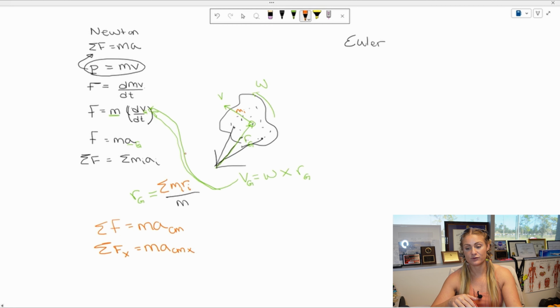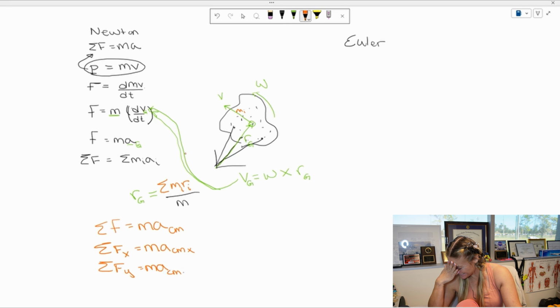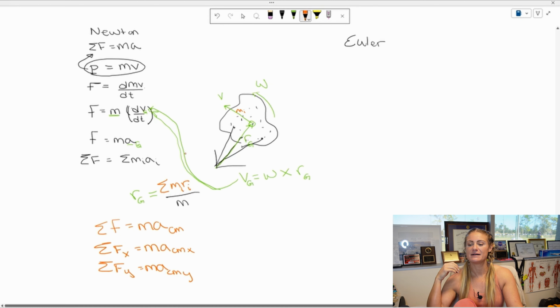And the same for the sum of the forces in the y, it will equal the sum of the masses times the acceleration of the center of mass in the y direction. My goodness. Okay, so that takes care of Newton's law.